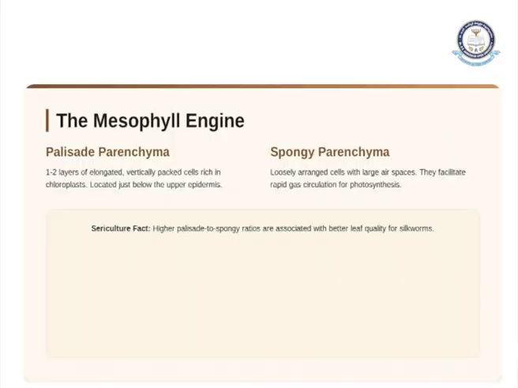In sericulture, higher palisade to spongy ratios are associated with better leaf quality for the silkworms. What is important in sericulture is that if the cells are arranged from palisade parenchyma to spongy parenchyma, the gaseous exchange is well done.